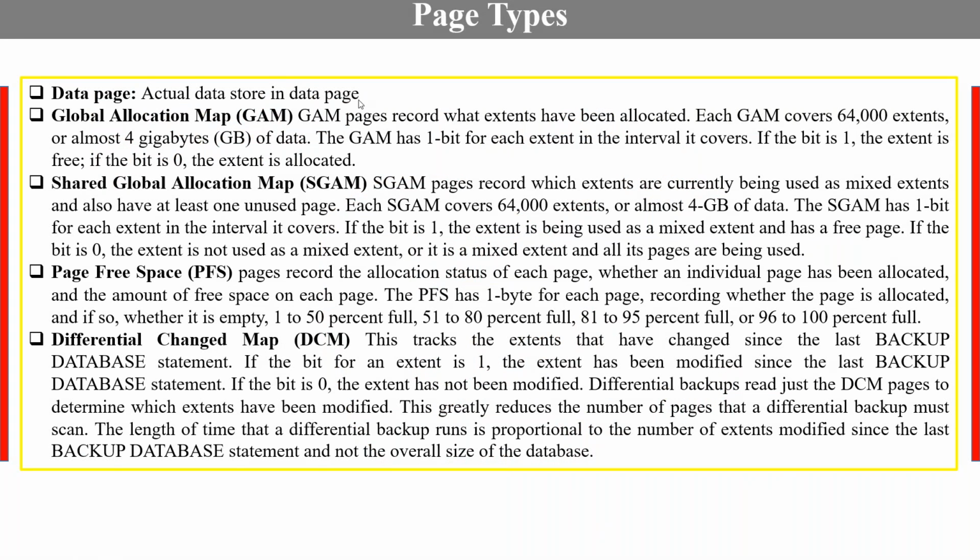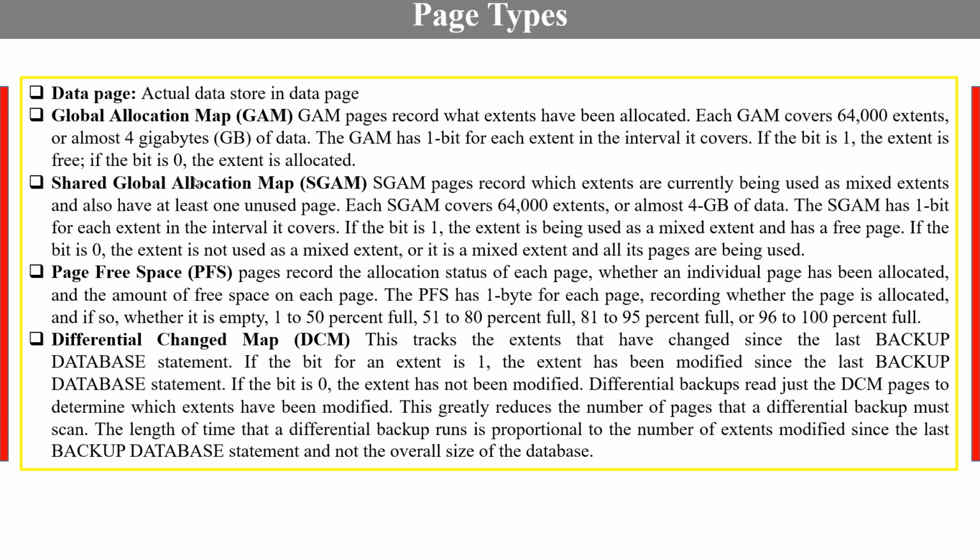Whenever you go and see here, sir, in the GAM page itself, it will hold a bit value internally. If the bit is 1, the extent is free. If the bit is 0, the extent is allocated. Very simple, sir. SQL Server allocates the bit value for every extent.